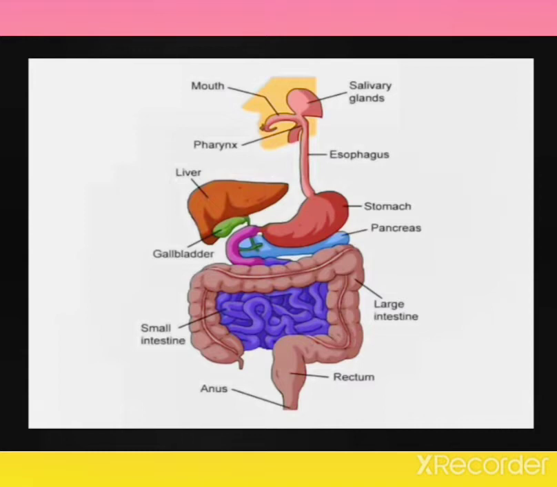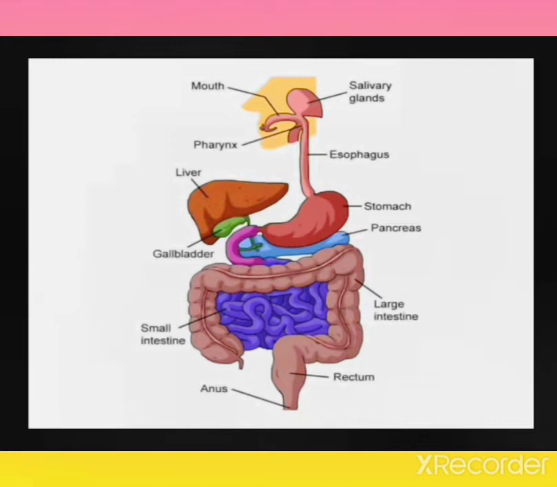Last module we talked about the various functions of the digestive system like ingestion, propulsion, digestion, absorption and defecation, and this picture gives a composite view of the various organs involved in digestion. The gastrointestinal tract, or the alimentary canal or the digestive tract, starts from the mouth, the oral cavity, and then descends as the pharynx, then the tube-like structure called the esophagus, then it forms the pouch-like hollow organ, the stomach, and then the small intestine followed by the large intestine, and finally ending up with the anus.